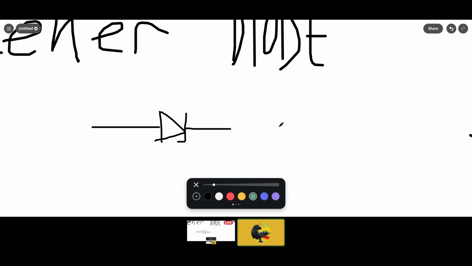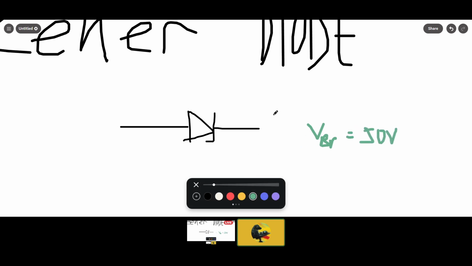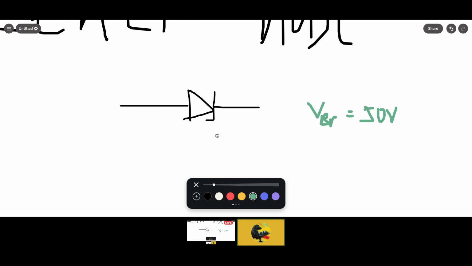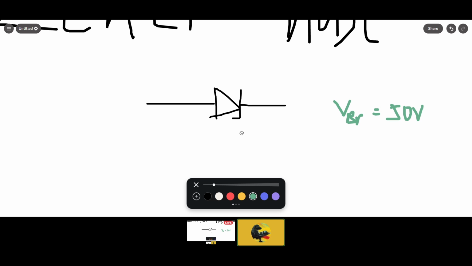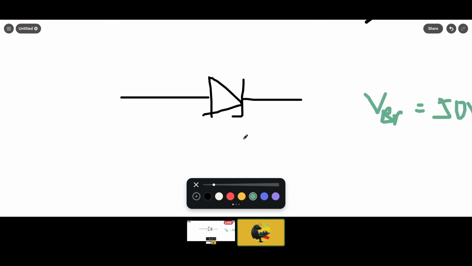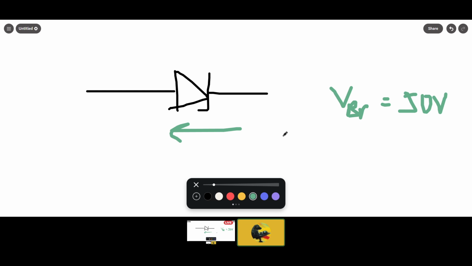In the previous diode, I said the breakdown voltage is around 50 volts, so it's going to take quite a bit of effort and power to break down that diode. But this one is built to be broken down. In its use, it is meant to have current flow to the left, and as such, its breakdown voltage is usually around 3.3 volts, in some cases 5 volts or 9 volts.